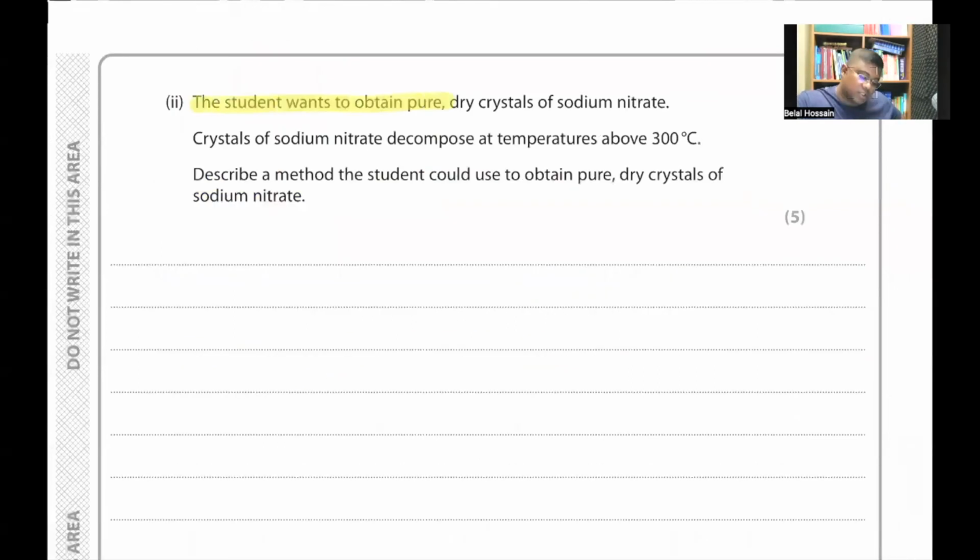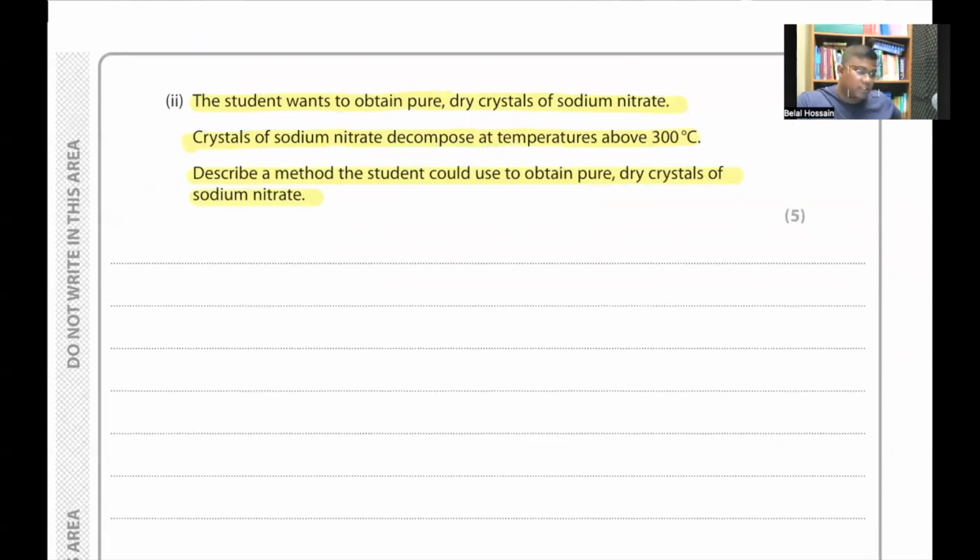Part 2. The student wants to obtain pure dry crystals of sodium nitrate. Crystals of sodium nitrate decompose at temperatures above 300 C. Describe a method that the student could use to obtain pure dry samples of sodium nitrate. First of all, the student can filter the solution, and then heat the solution to evaporate most of the water.